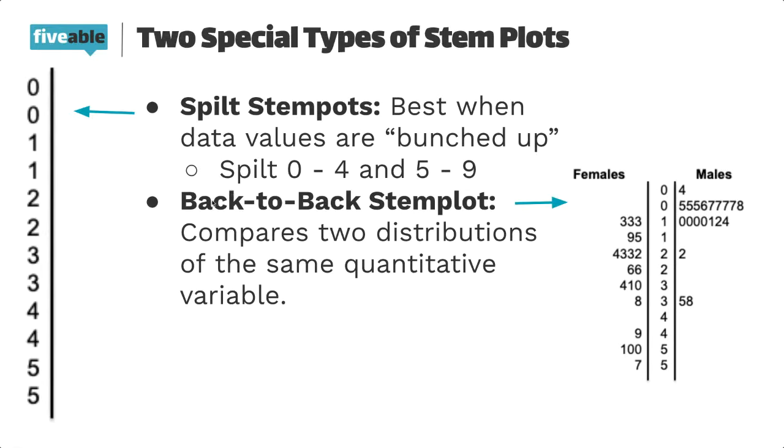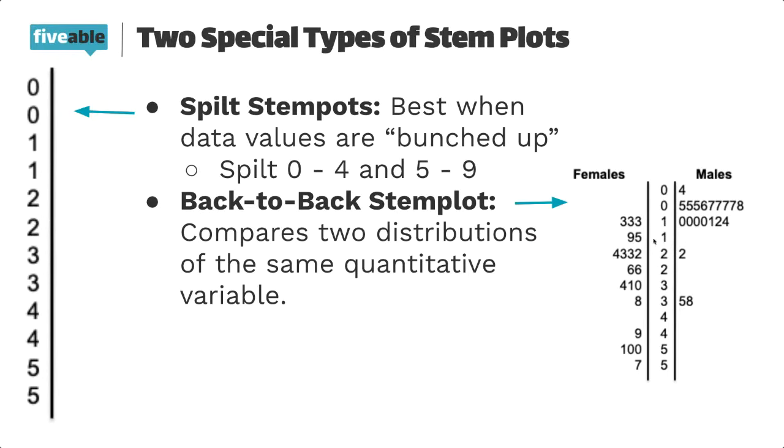Down here, we have back-to-back stem plots. Those allow us to compare distributions of the same quantitative variable. So it allows us to look at our data and compare it with another set of data. So here we have males and females, the number of shoes that they have.